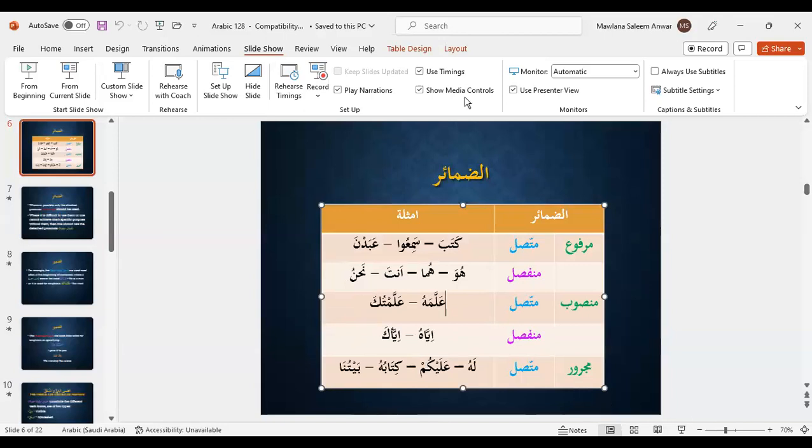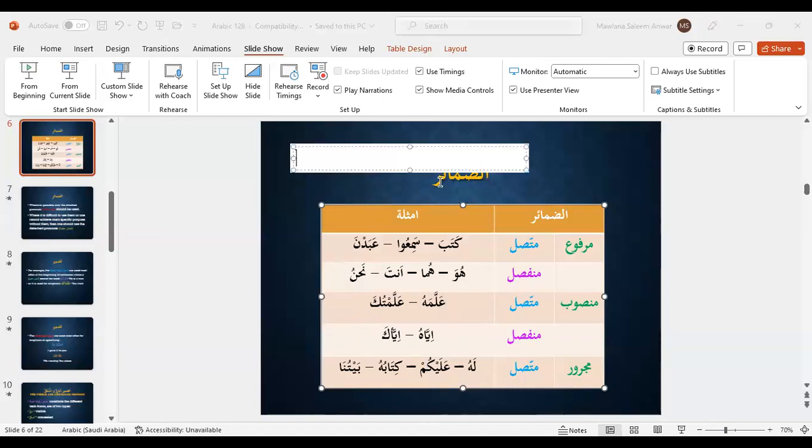Arabic, and try to get a text here. So if I say na'buduka. So na'buduka, you can see it, yeah?